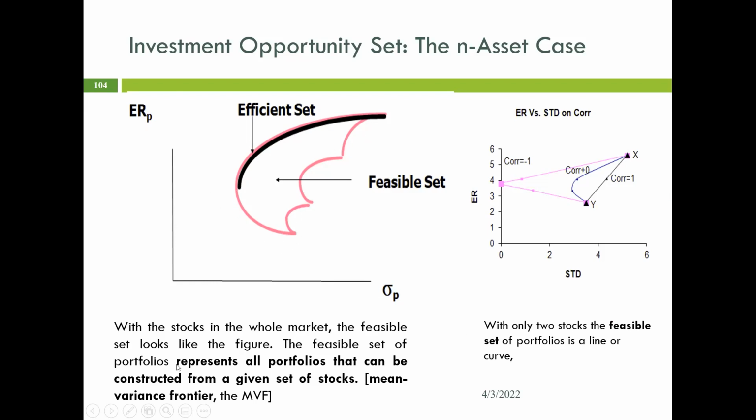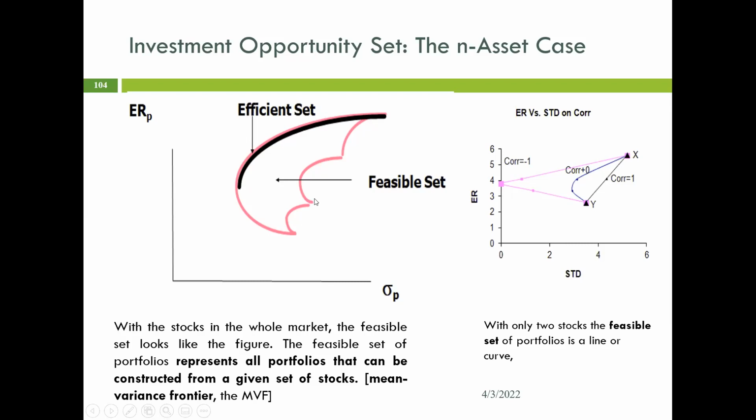Theoretically, you can draw this efficient frontier using the market portfolio and market information. In the investment portfolio topic in future, you will draw this using Excel. So with a large number of stocks or with the whole market, the feasible set looks like this figure.